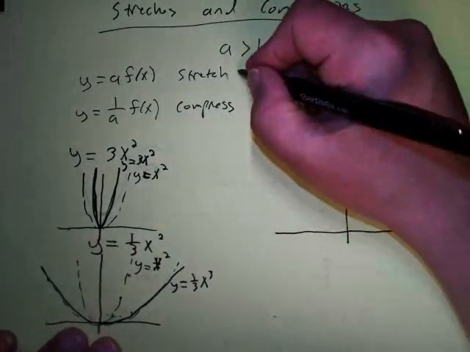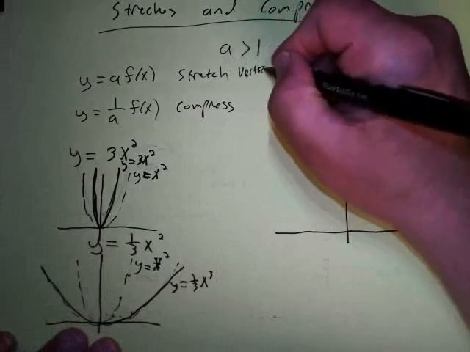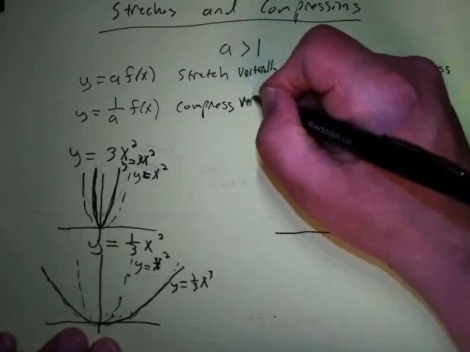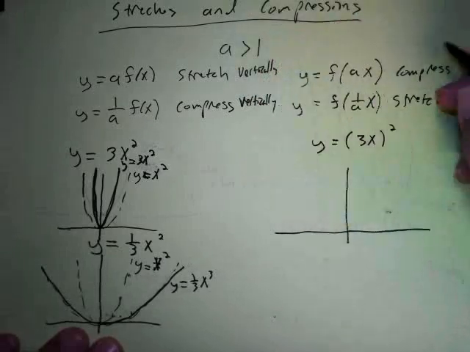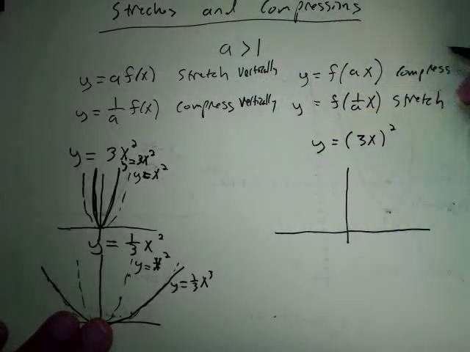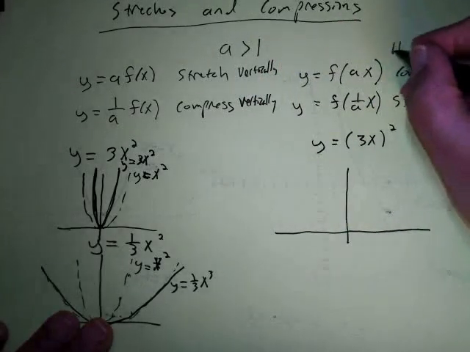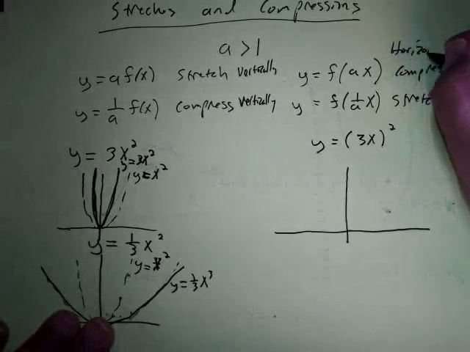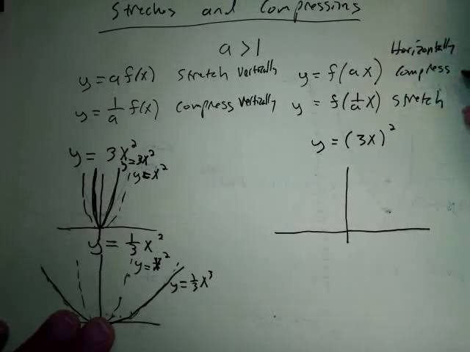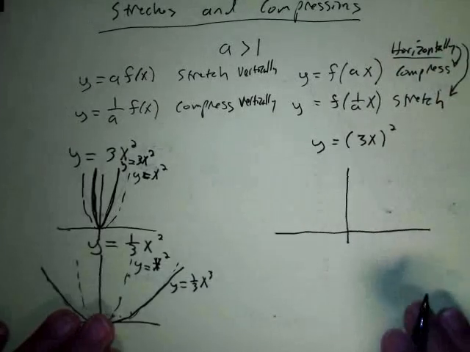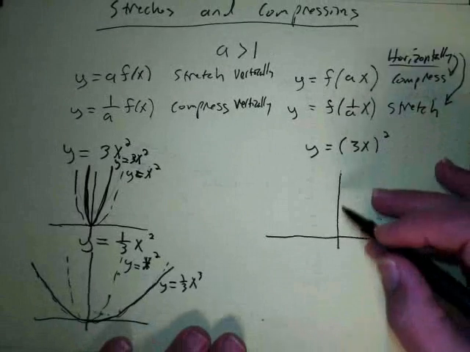The previous ones should be stretched vertically and compressed vertically. Both of these inside ones are horizontal, so this is going to compress it horizontally.